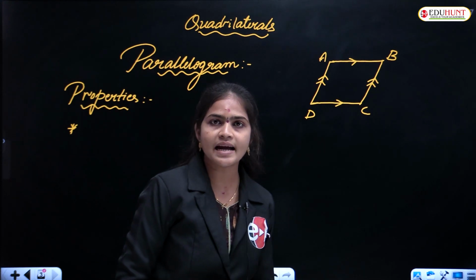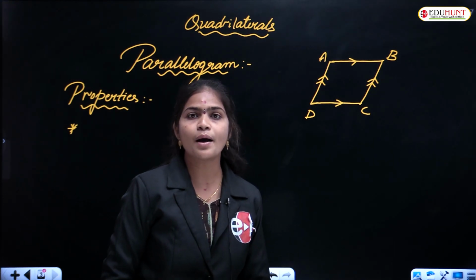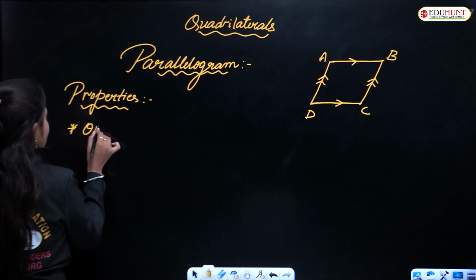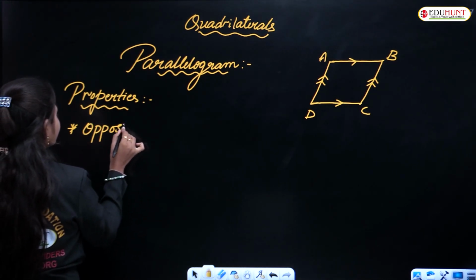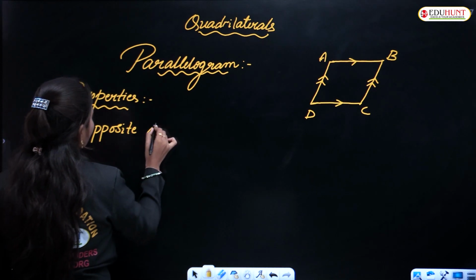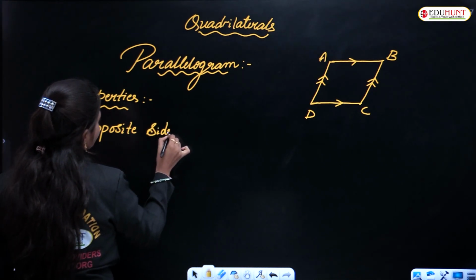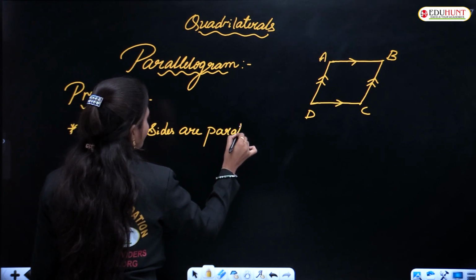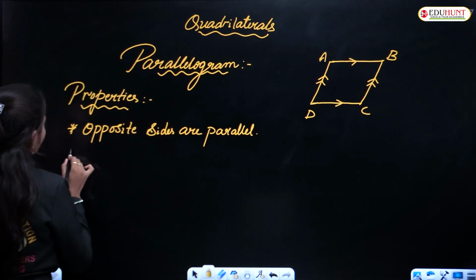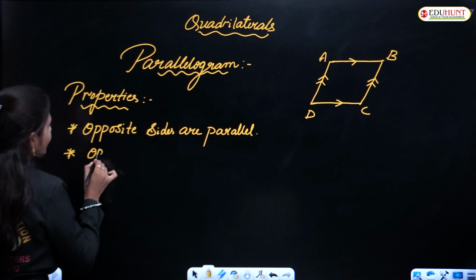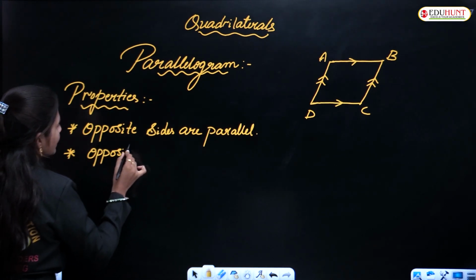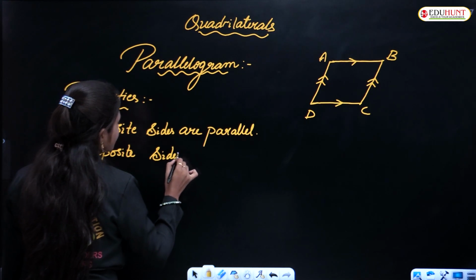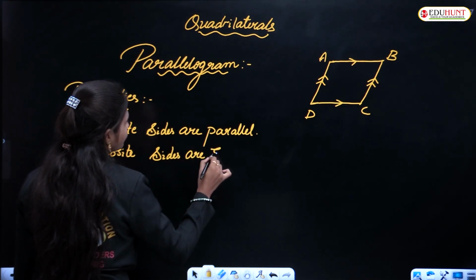The next one is that opposite sides are equal. Opposite sides are equal means they are of equal length.